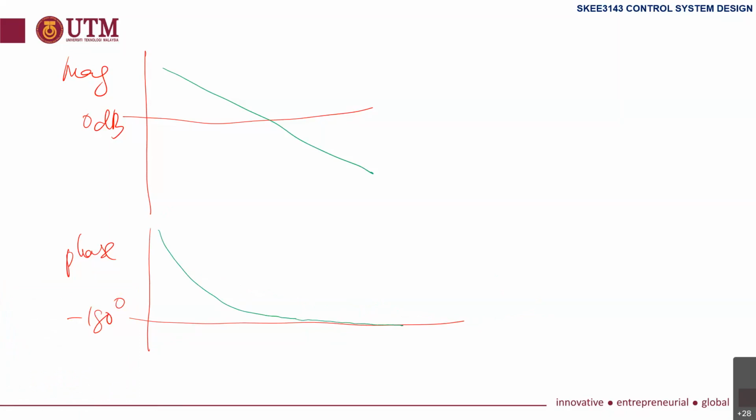Normally when we want to find gain margin, we see when the phase crosses 180 degrees, then we see the gain, the magnitude at that point. But when there is no 180 degrees crossing, like this, that means gain margin is infinity.